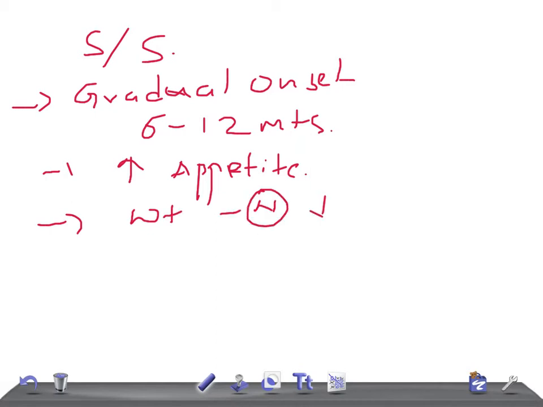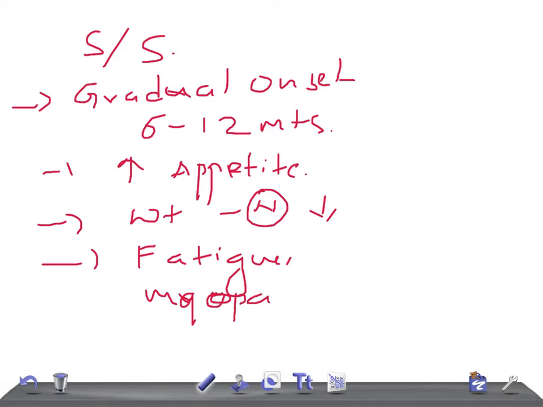Though they have increased appetite, the weight will be normal or low. They will have fatigue, myopathy, and increased sweating. These are signs of increased BMR, basal metabolic rate. Fine tremors can be seen.